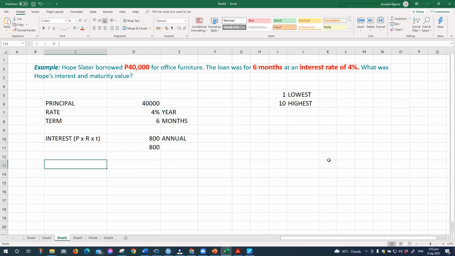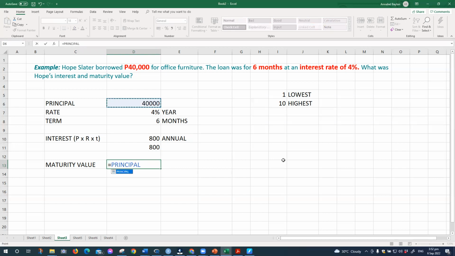And finally, okay, we can now compute for the maturity value. Maturity value will simply be equal to the principal plus the interest. You can give this also a name. Hindi lang natin binigyan ng name, but you can give that a name also. Okay, so the maturity value is 40,800. So ang gusto lang natin malaman dito, how do you compute for the maturity value?